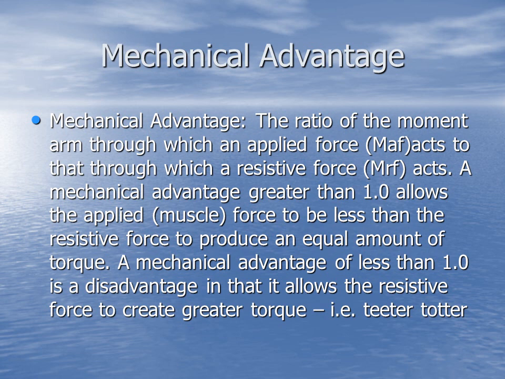If the moment arms are exactly identical, the ratio would be 1, describing a mechanical advantage of 1. A mechanical advantage greater than 1 allows the applied or muscle force to be less than the resistive force to produce an equal amount of rotational force. Whereas a mechanical advantage of less than 1 is a disadvantage, in that it allows the resistive force to create a greater rotational force than the applied muscle force.